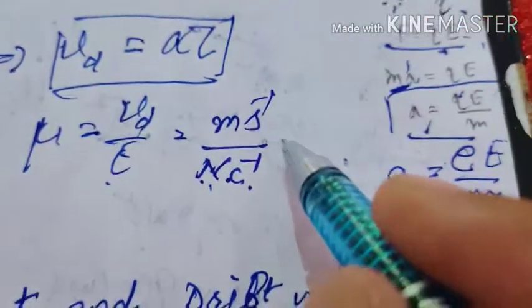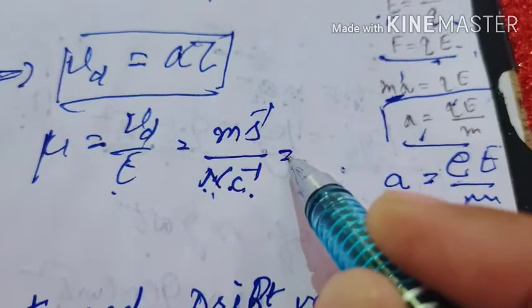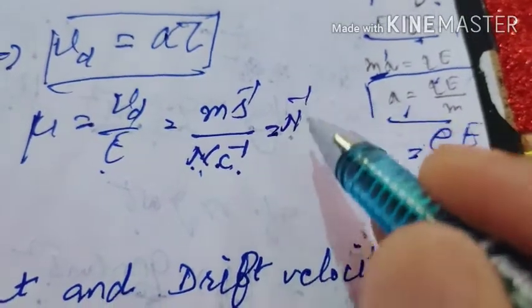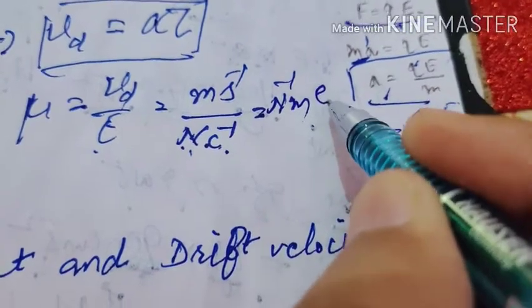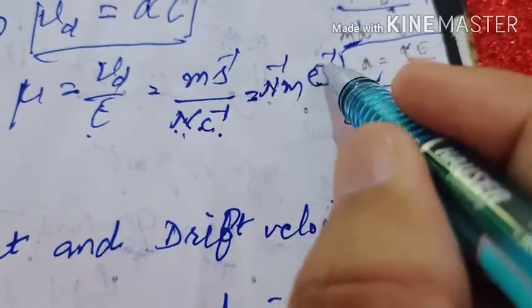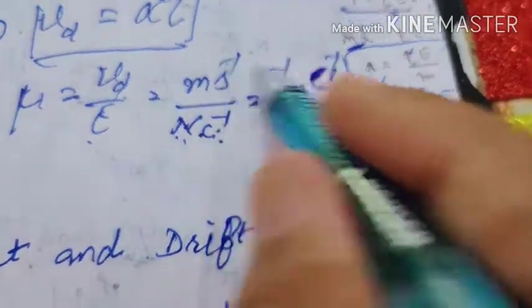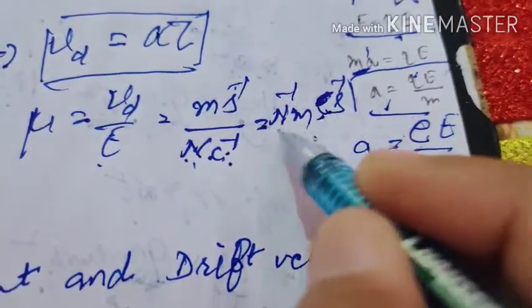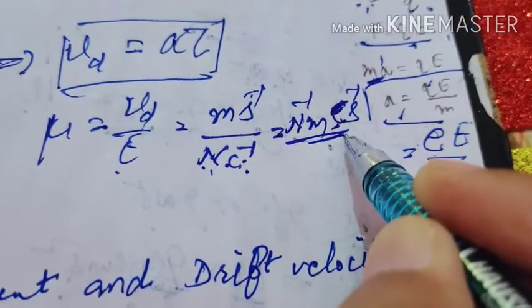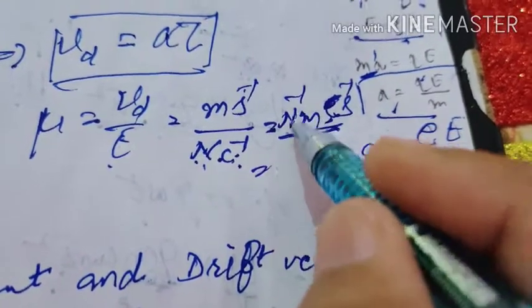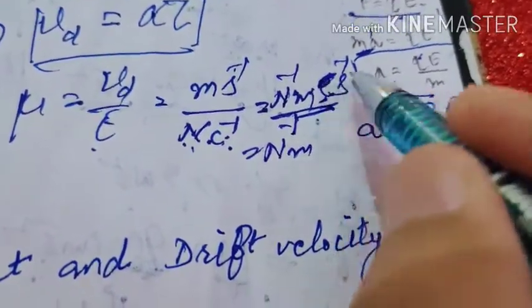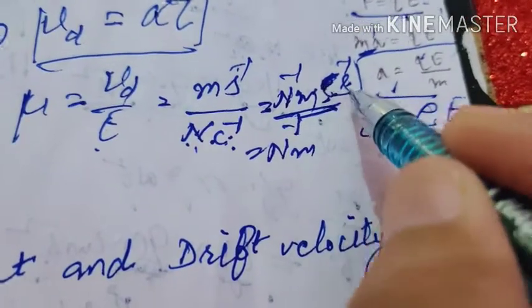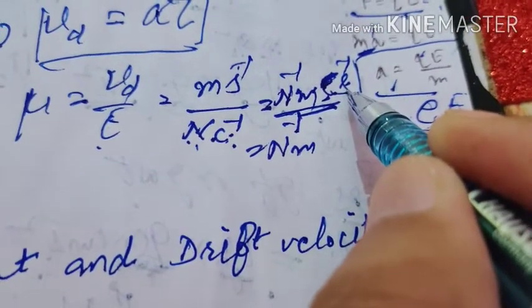See here what I am doing now. Per Newton, meter, coulomb per second. Per coulomb will become coulomb. So this is also units of drift velocity. Again, it is per Newton, it is meter, coulomb per second, coulomb charge per second, charge over time, current.